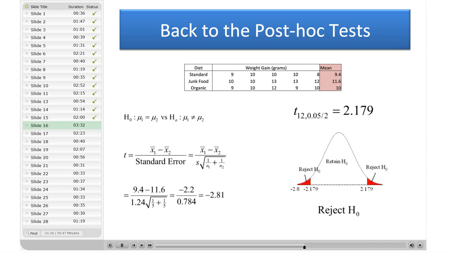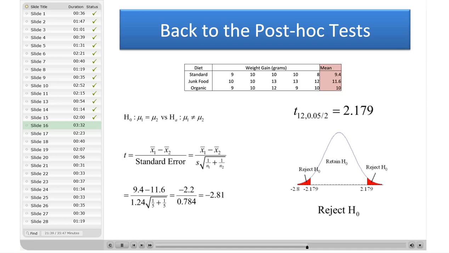So if you compute everything, you end up getting a t statistic of negative 2.81. Notice that the standard error is equal to the quantity in the denominator. It's equal to 0.784. So if the problem just told you that the standard error was 0.784, you could just skip immediately to the part where it says negative 2.2 divided by 0.784 is equal to negative 2.81.